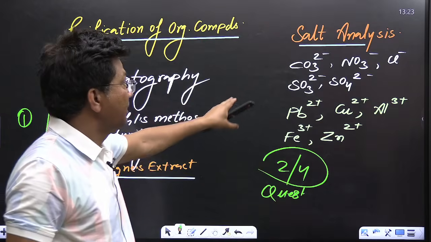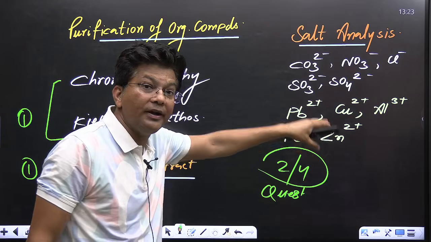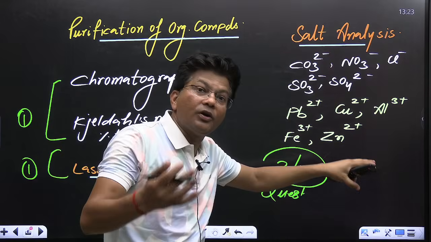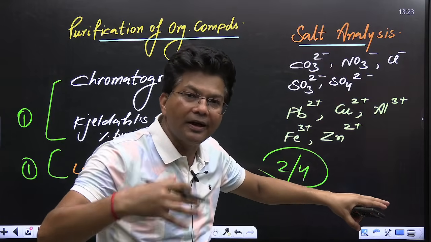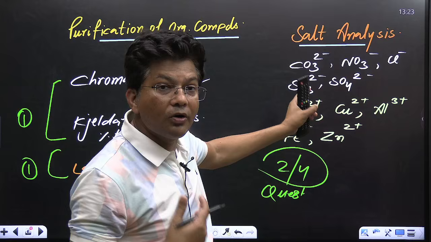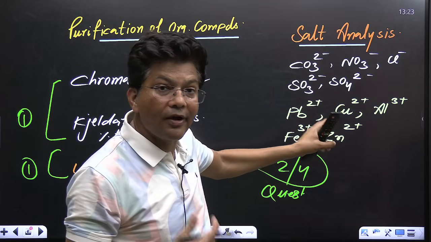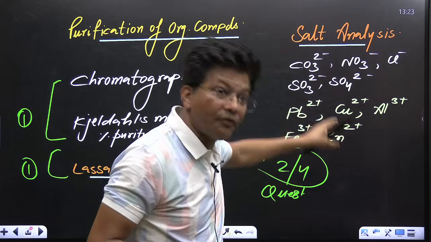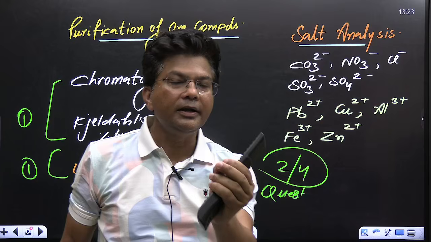Salt analysis, my dear students, holds a hell of a lot of weightage, and it's very basic. You are preparing it from your class 10th, 11th and 12th. You can't write your exam without these radicals. They are fundamental things.